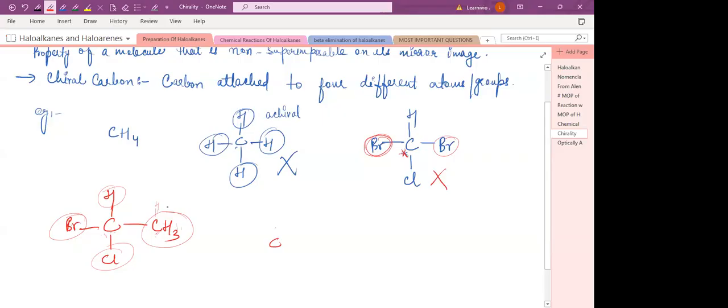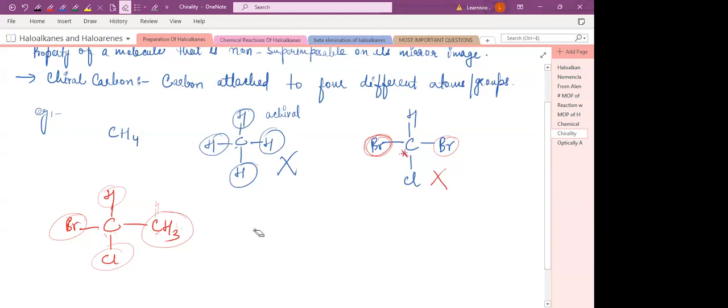Three hydrogens are the same, so it is not a chiral carbon. It is not always compulsory that only one chiral carbon will be there. More than one chiral carbon can also be there. Just remember you have to check each and every carbon whether it is attached to four different atoms or groups or not. If that carbon is attached to four different atoms or groups, then it is known as chiral carbon. Just remember this.